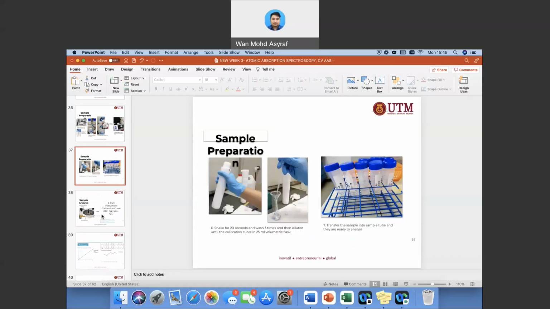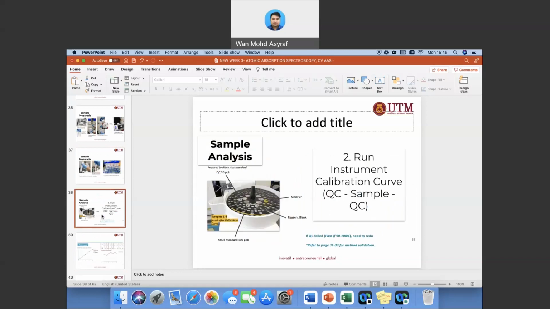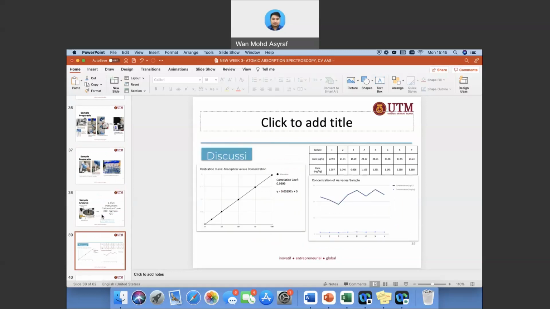This process is important for you to know, but it will be explained later throughout the semester: how to do the calibration curve, and how to evaluate and determine the results shown here. So this is a calibration curve, these are the results they have got, and then what is the meaning of these results.